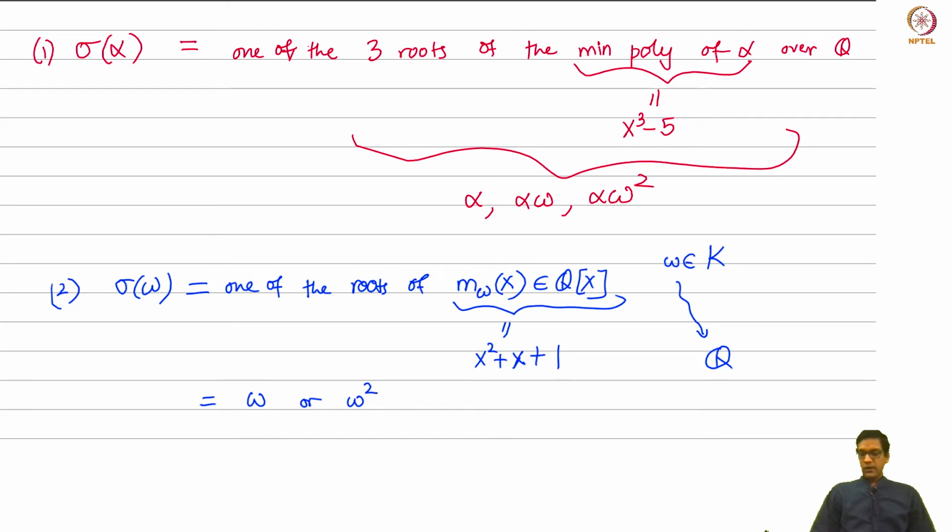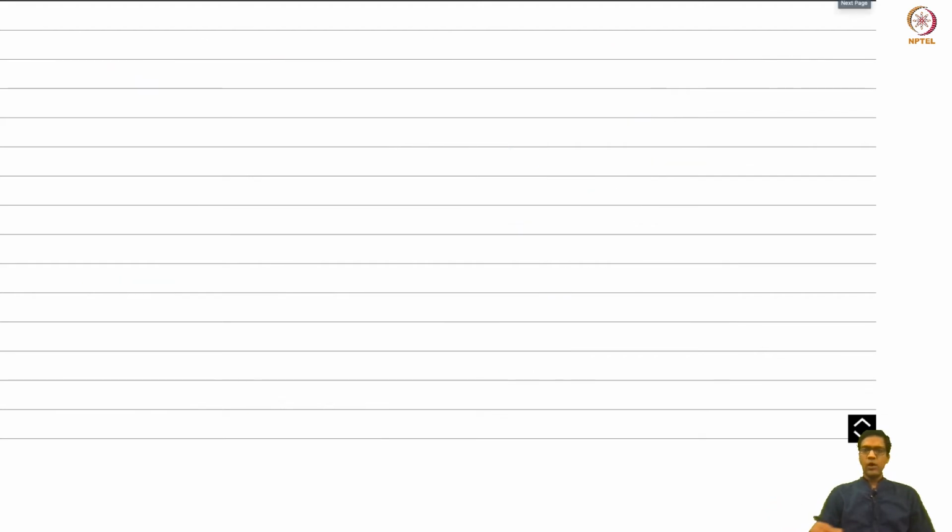Now again, how many possibilities are there for sigma? It can map alpha to one of these 3 choices. It can map omega to one of these 2 choices. Put together, there are 6 possible choices maximum. All choices need not always be consistent, but these are the maximum possible choices. There are only 6 of them.